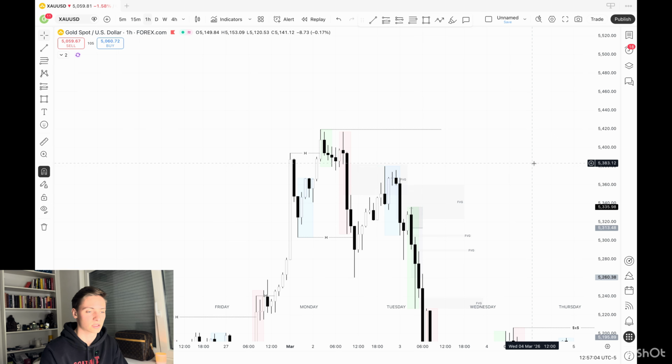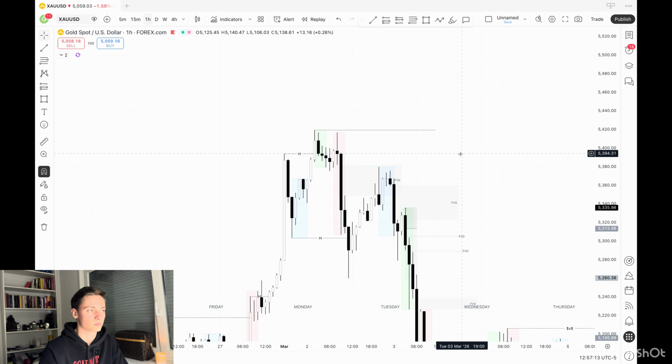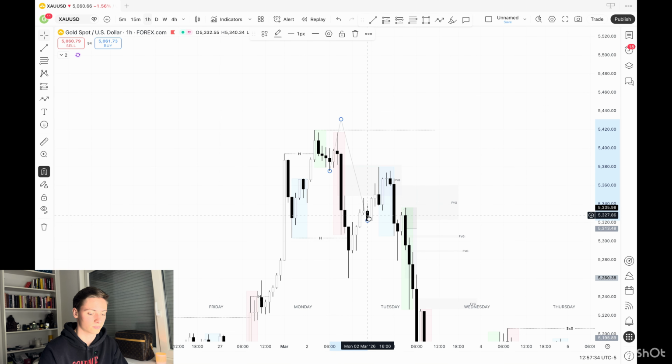It is a battle of your emotions and your psychology. I was exiting early, but now I understand that this was indeed my psychology problem, which I have already solved. Here it is even worse to short because we have equal highs. The perfect scenario would be to sweep those highs and then go lower.